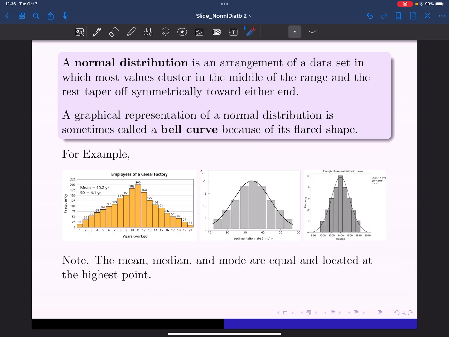For a normal distribution, the mean, median, and mode are equal and are located at the highest point. So if we draw an exact normal distribution, it would be this shape. We can see that the most frequent value would be this one, in the middle. And if you calculate the average, you're going to end up with the same.